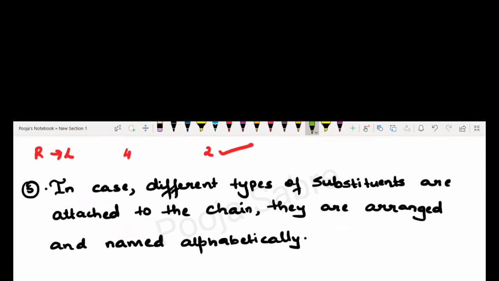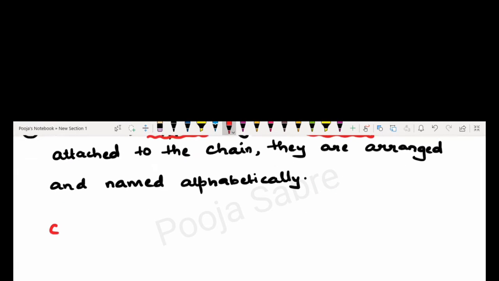In case different types of substituents are attached to the chain, they are arranged and named alphabetically. I repeat, in case different types of substituents are attached to the chain, they are arranged and named alphabetically. Let us take an example.